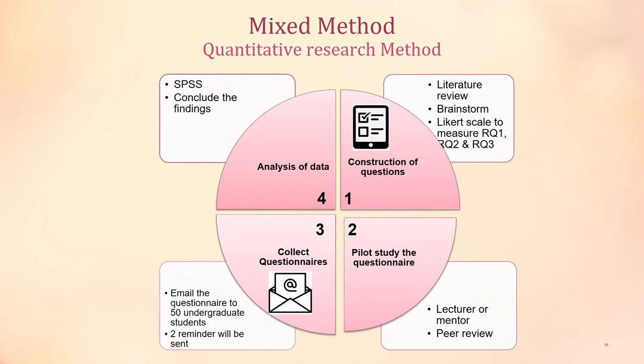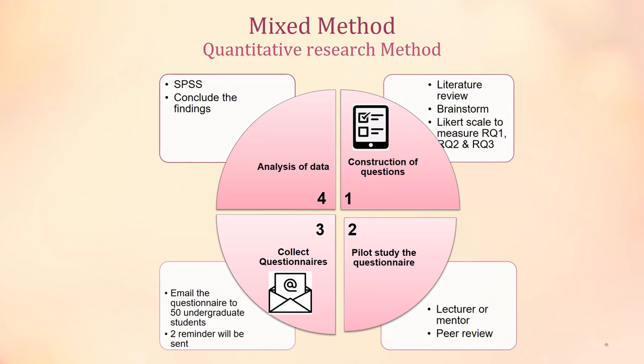Now, the quantitative research method. The first thing that I'll do is to construct the questions. How do I do it? I'll review the literature, and brainstorm with my teacher, my mentor, and a few students. I'll use a Likert scale to measure research questions 1, 2, and 3.